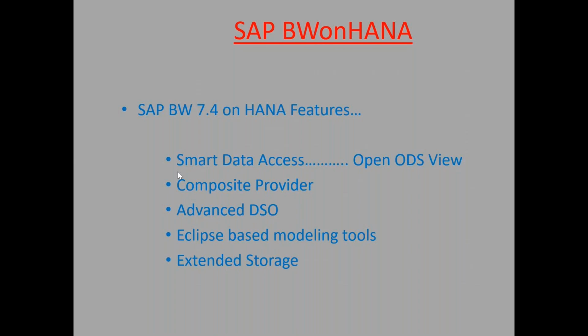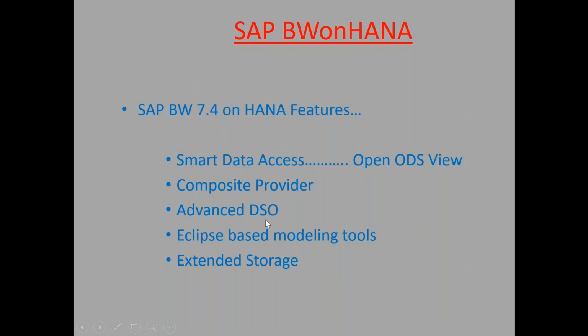Not only developing unions and joins, it allows you to consume SAP HANA views in the composite provider. That is the other importance of the composite provider, which was released right from version 7.4.